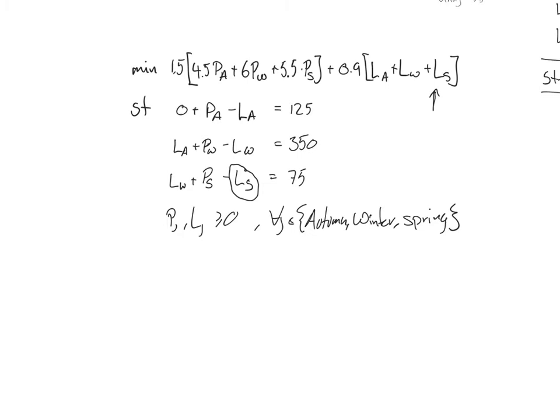So we can already now, before solving this problem, say that we know that LS will be equal to 0. So that is an observation we could use. Okay, now you should continue with the video showing how to solve this in Excel.